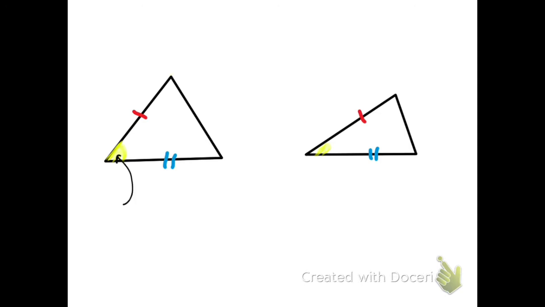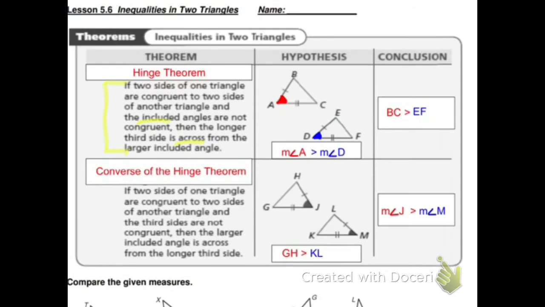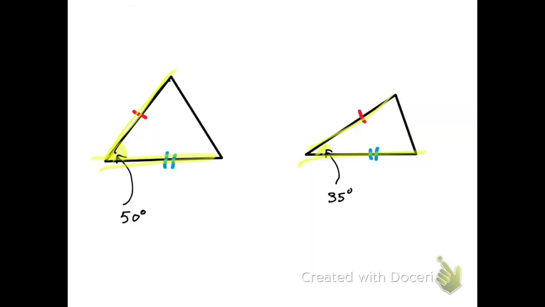Now let's say, I'll just make up a number, this is 50 degrees here, and this one is 35 degrees. Since both of these angles are the included angles, they're in between both of my known sides, what the hinge theorem is saying is that the longer side is going to be opposite the bigger angle.